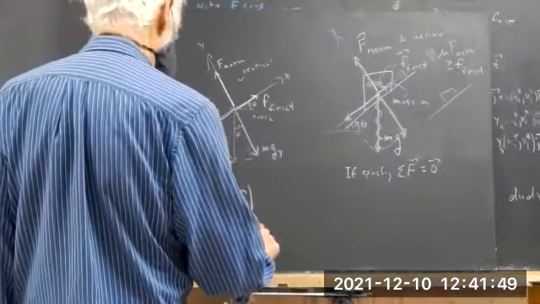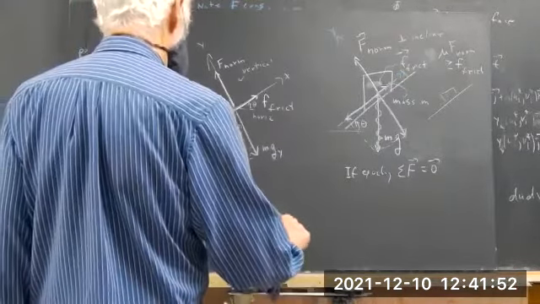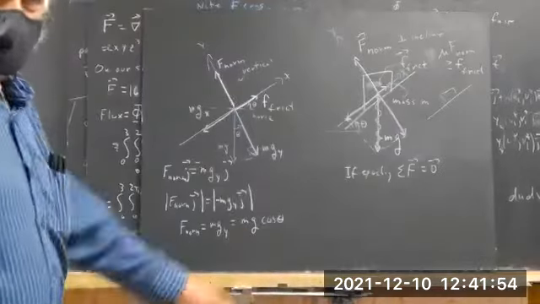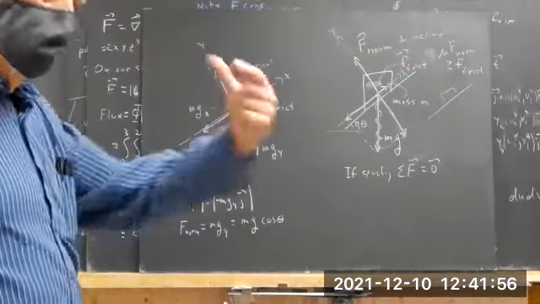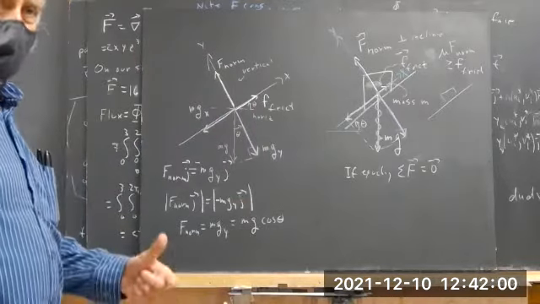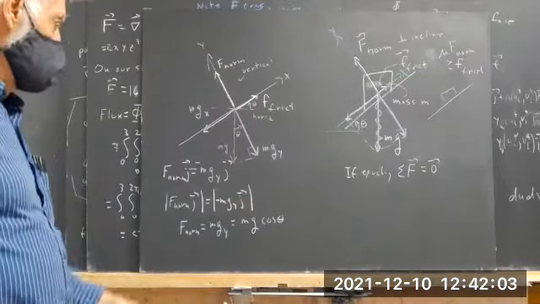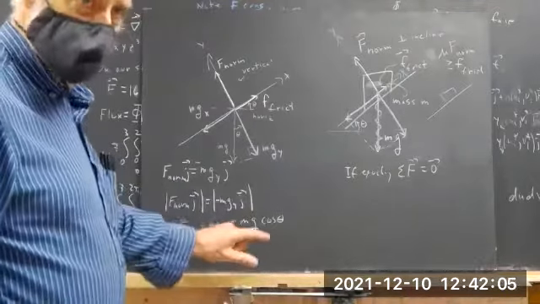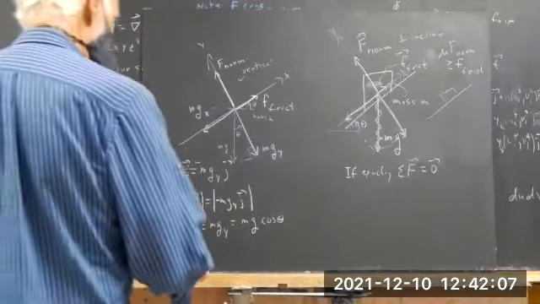Okay, that's mg cosine theta. Don't want to write that down mindlessly, okay? Think it through the way I do, so you don't mindlessly write down something stupid, okay? Something I'm prone to do if I don't check myself at every step, okay?